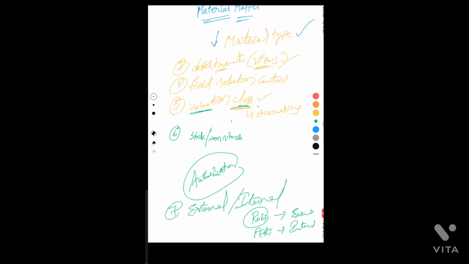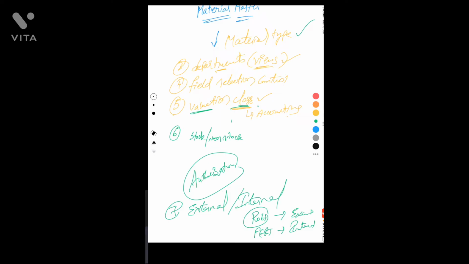For trading products, in some cases we will be producing, in some cases buying from outside, so you can use both. So here, external purchase orders and internal production orders are allowed or not. Clear?